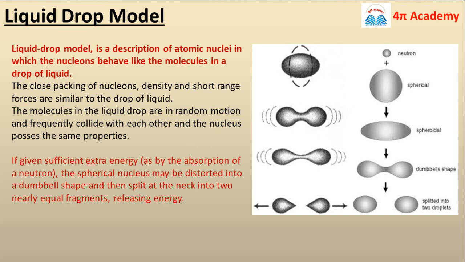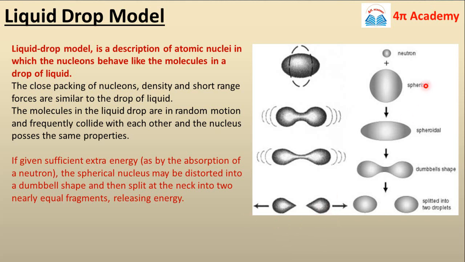One more important thing: if we give a sufficient amount of energy to a liquid drop, for example by letting it absorb another liquid drop, or it absorbs some energy in some other way, it gets distorted. It gets a dumbbell shape, and finally it splits into two nearly equal fragments, two almost equal smaller liquid drops.